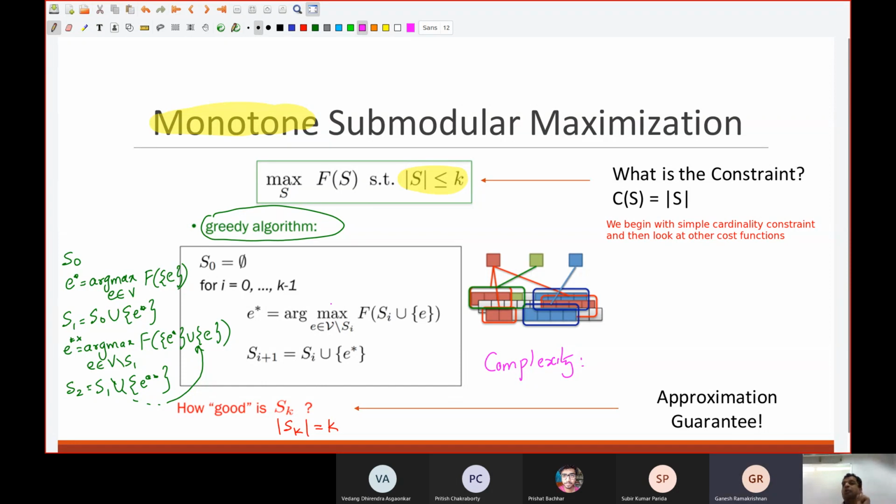But you do this for how many times? So you'll have n plus n minus 1, n minus k plus 1. So roughly you're looking at n into k, right? Looking at order nk.